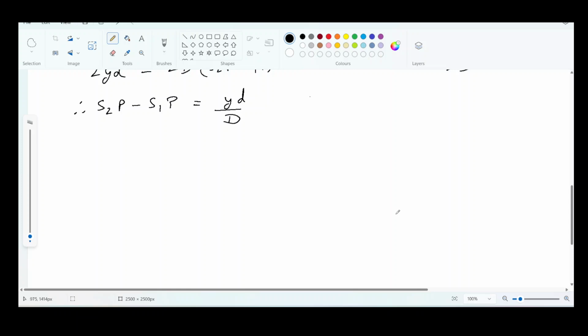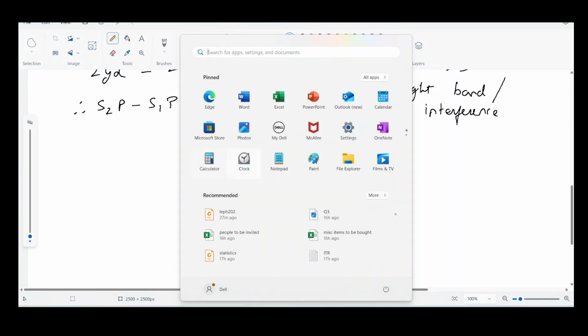The understanding is that for constructive interference, or for a bright band, this is another term that you should know, the waves should have a path difference of n lambda, 1 lambda, 2 lambda, 3 lambda, something like that. What I mean by that will become clear.